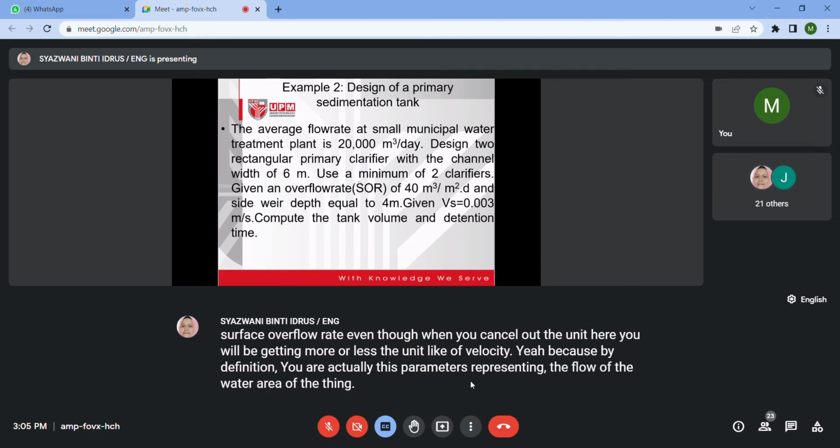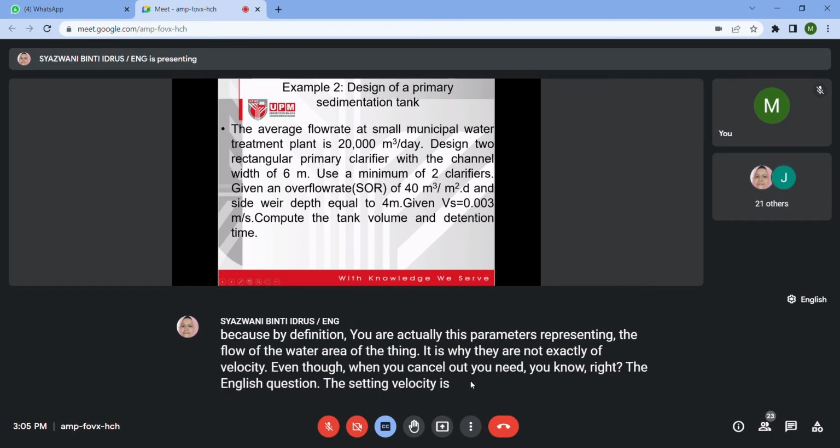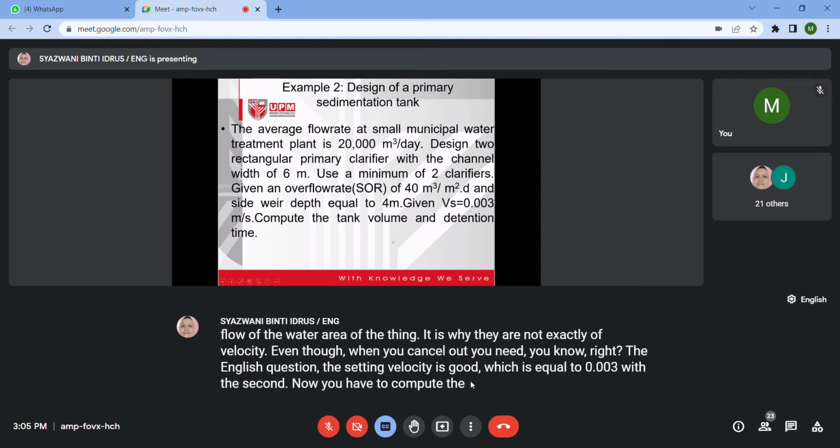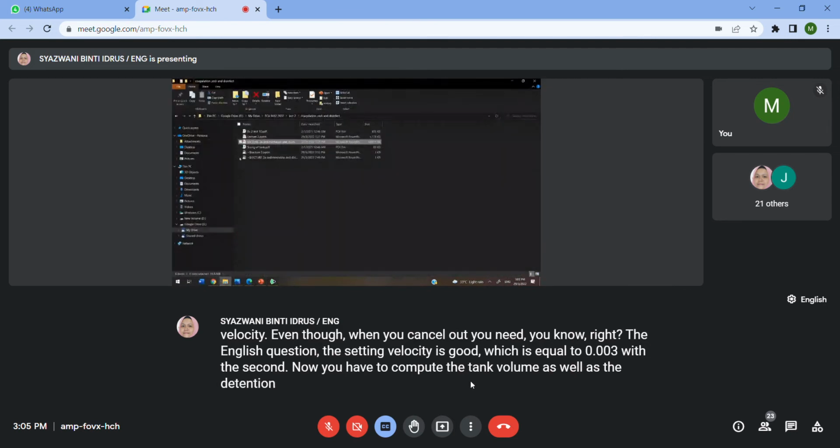That's why it is not exactly a velocity, even though when you cancel out the units it looks like velocity. In this question, the settling velocity is given, which is equal to 0.003 meter per second. Now you have to compute the tank volume as well as the detention time.